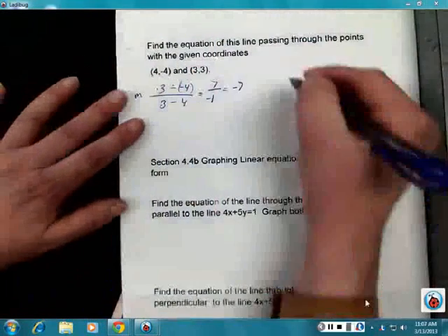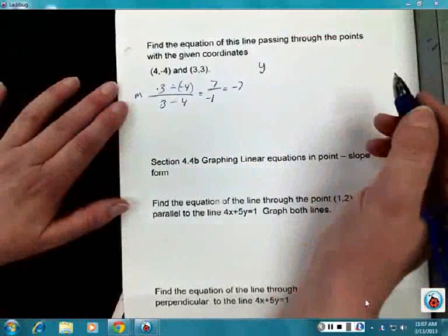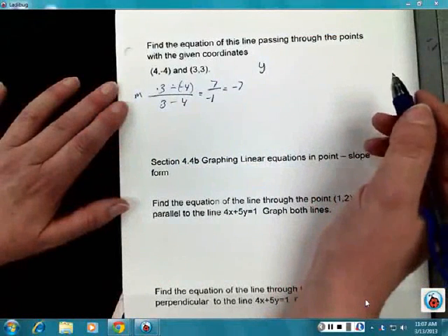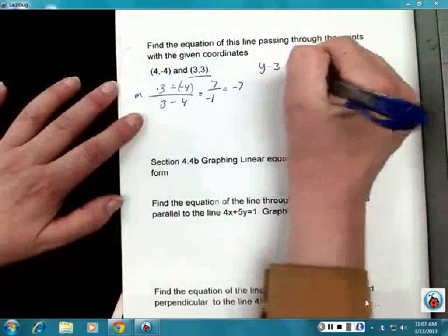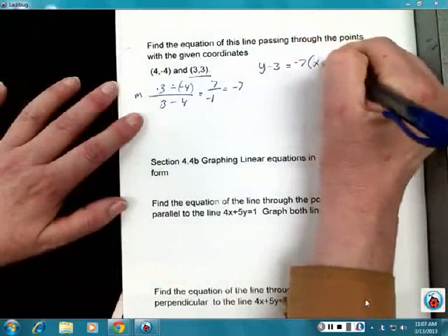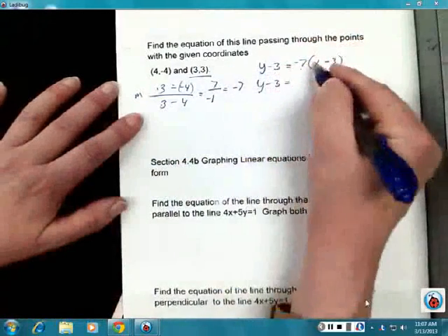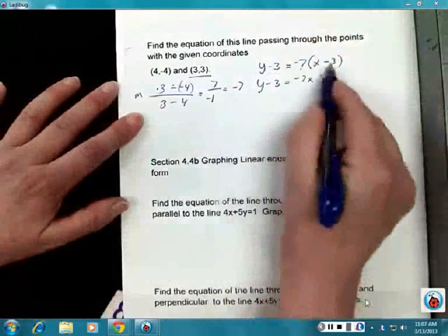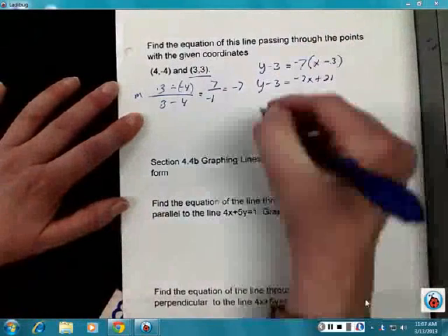Plug it into my equation, picking one point. Which point do you want to use? 3 and 3. Yeah, because there's no negatives involved. y minus 3 equals a negative 7 times x minus 3. So y minus 3 equals negative 7x. Negative 7 times a negative 3 is a plus 21. Add 3.